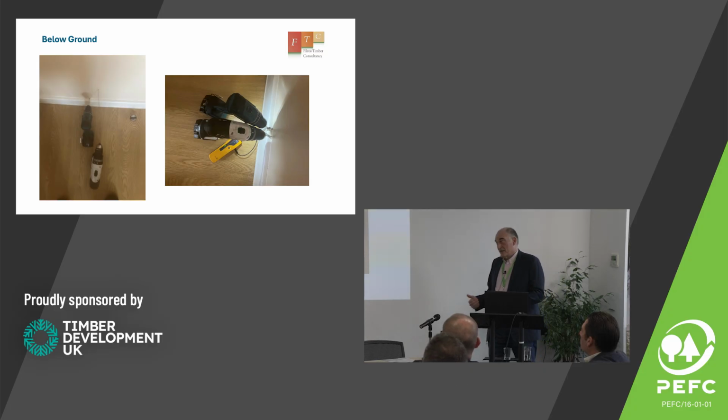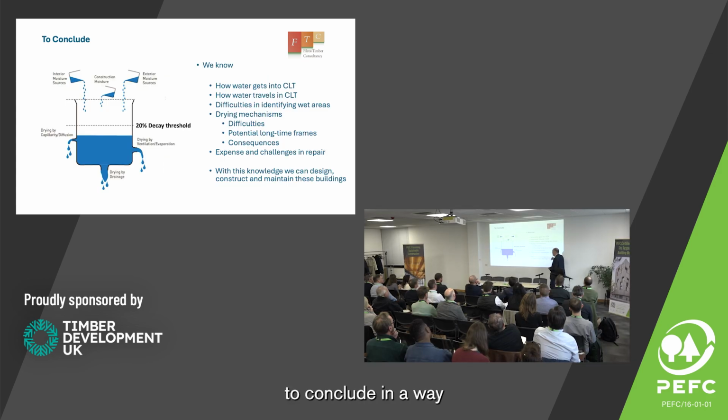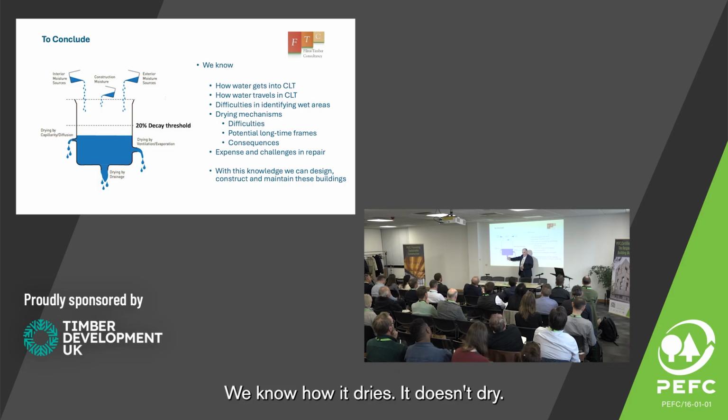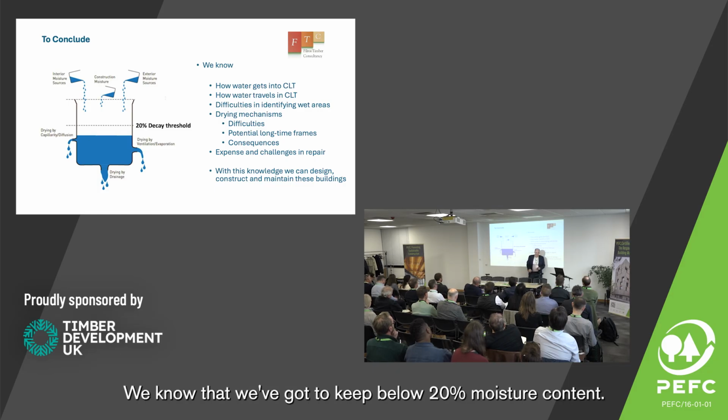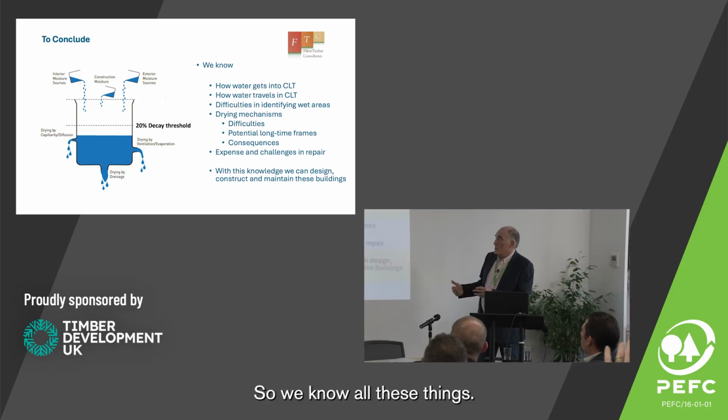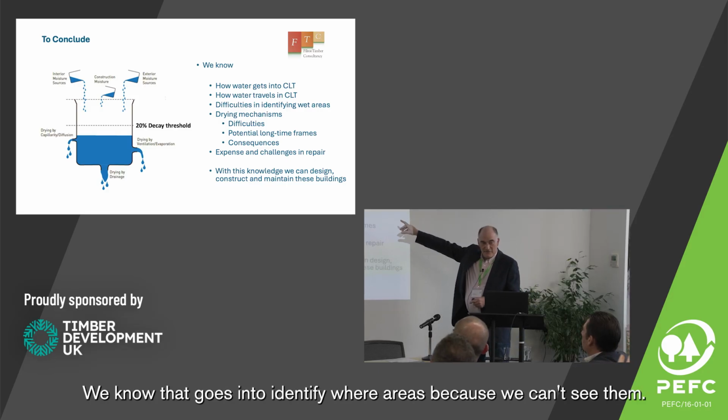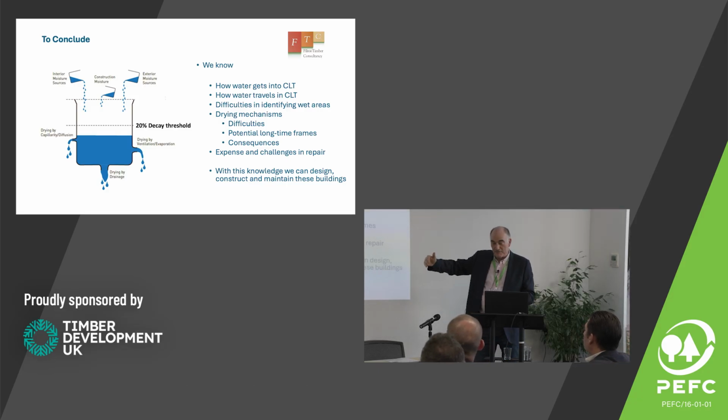So, to conclude, we know the mechanism, we know how it dries and doesn't dry, and we know that we've got to keep below 20% moisture content. We know the difficulties in identifying wet areas because we can't see them.